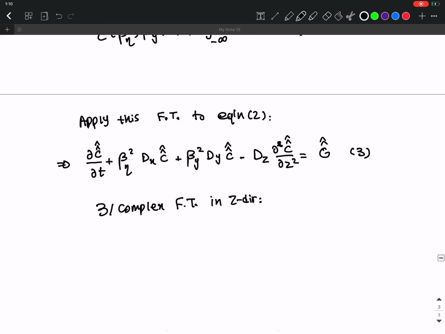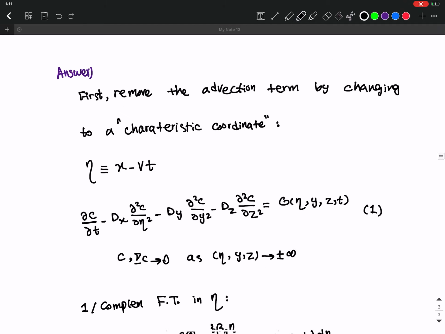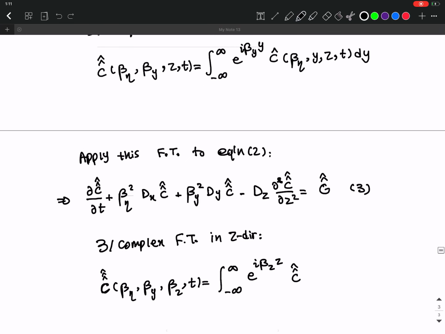If we apply that, we are going to get c triple hat of beta eta, beta y, beta z, t equals the integral from minus infinity to infinity of e to the power i beta z z times c double hat, which is this function, of beta eta, beta y, z, t dz.